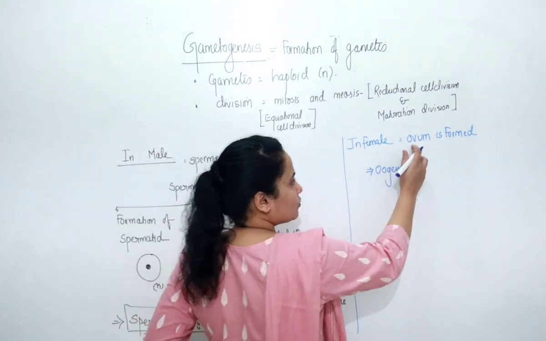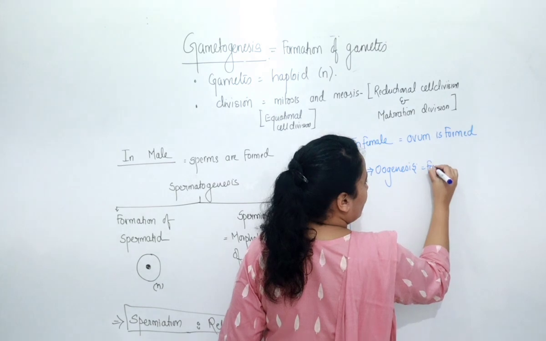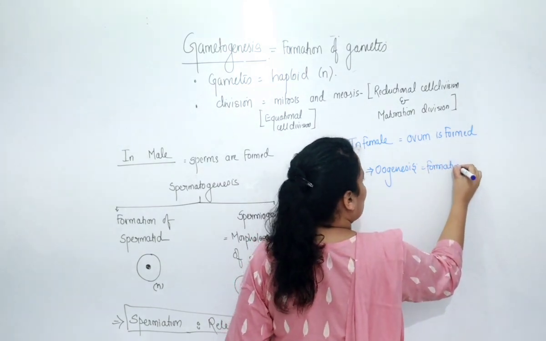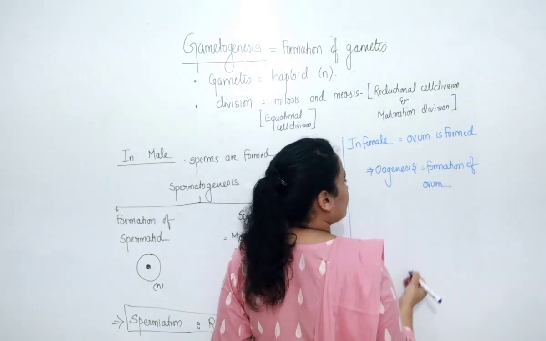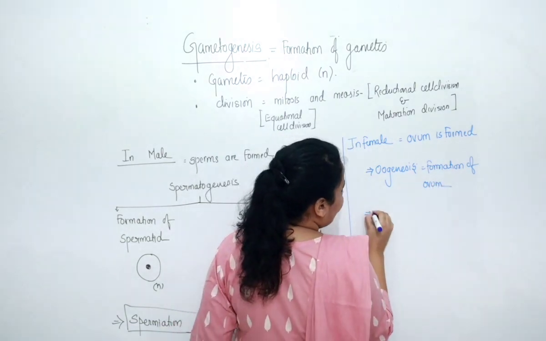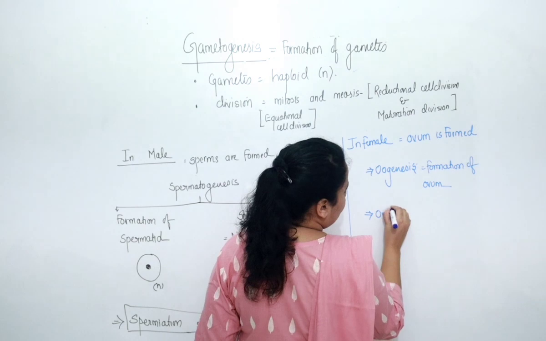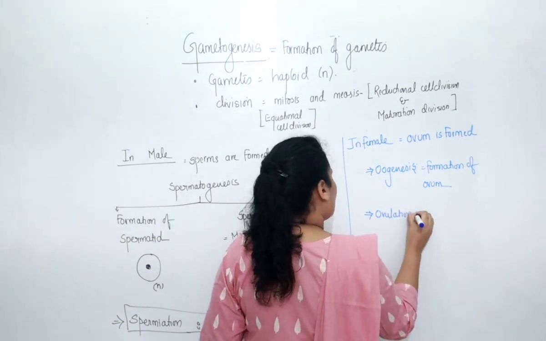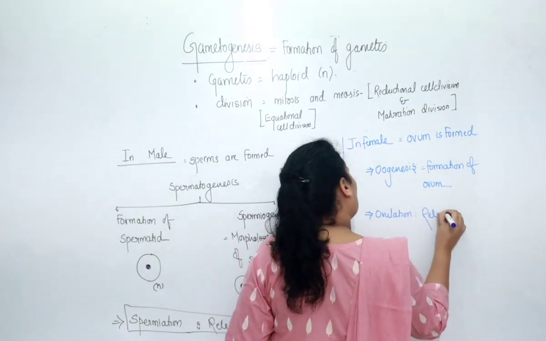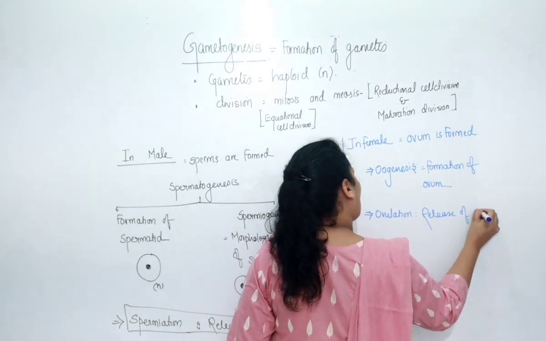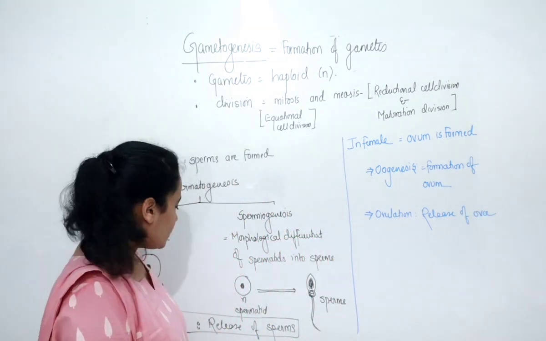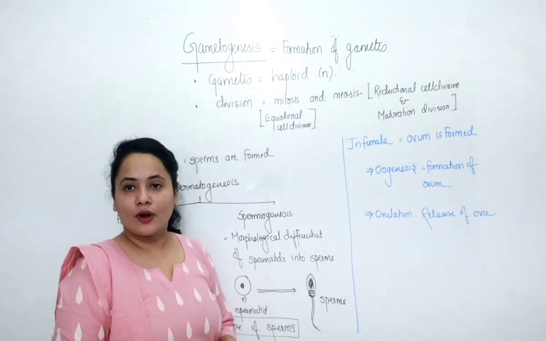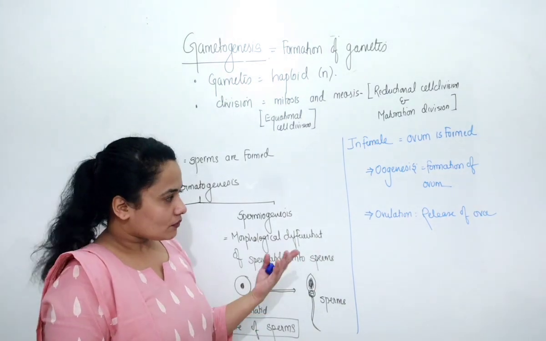So oogenesis is formation of ovum, and release of ova is called ovulation. Release of sperm is called spermiation, whereas the release of ova is called ovulation.